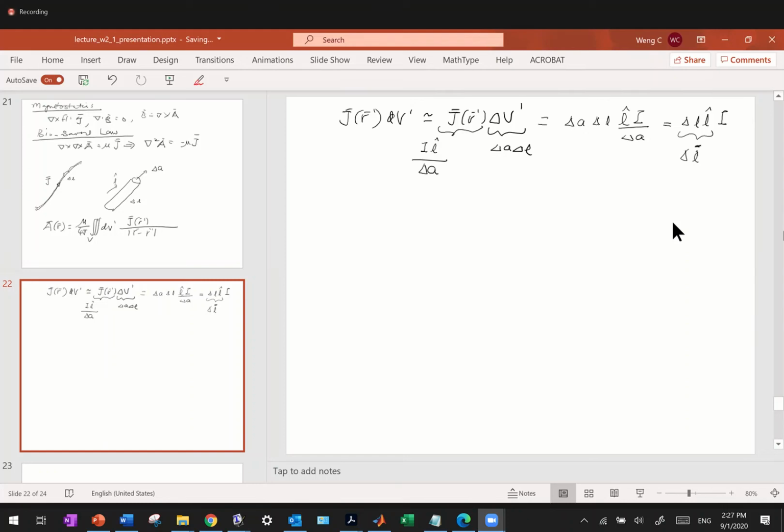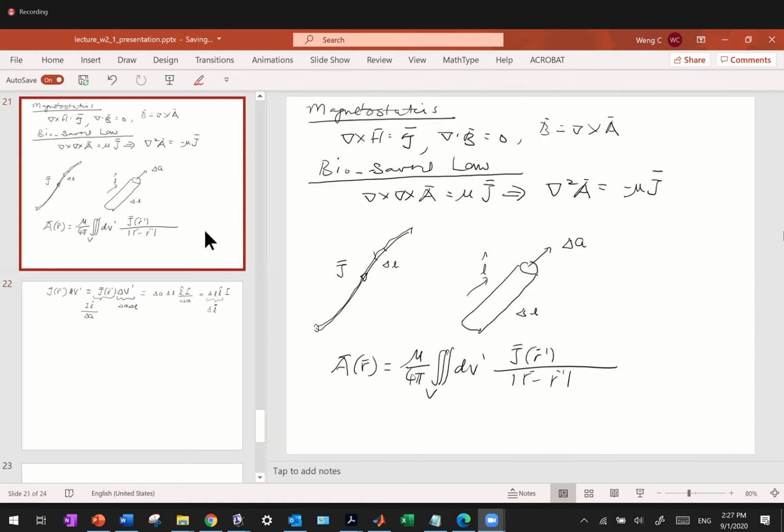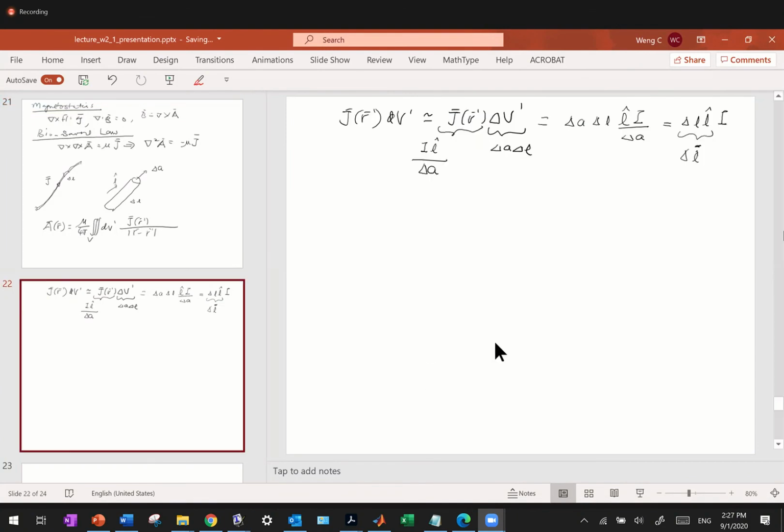Now I can write the contribution to the vector potential using this expression. The incremental vector potential from that small current element is mu over 4 pi times J of r delta V prime over r minus r prime.